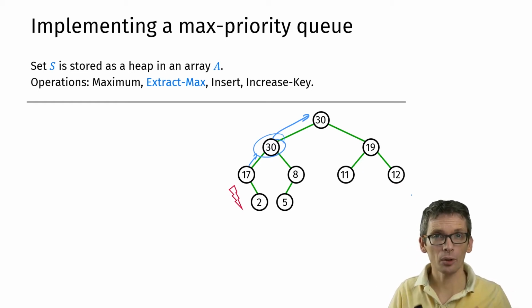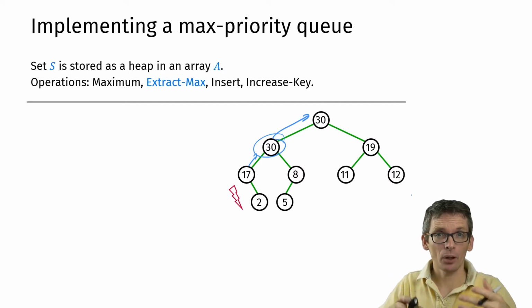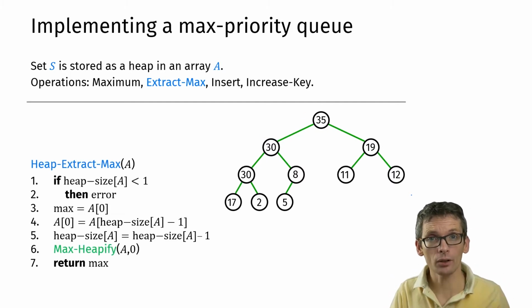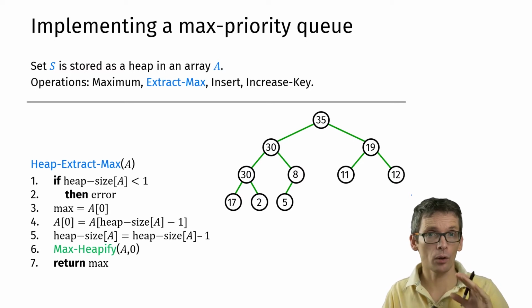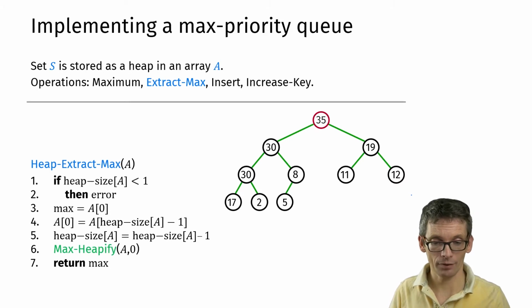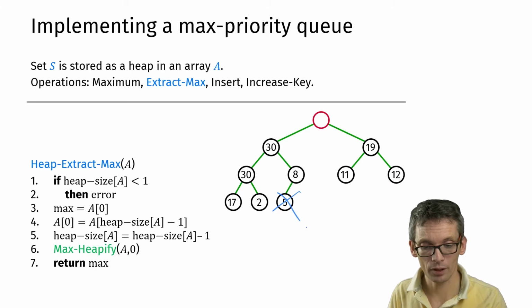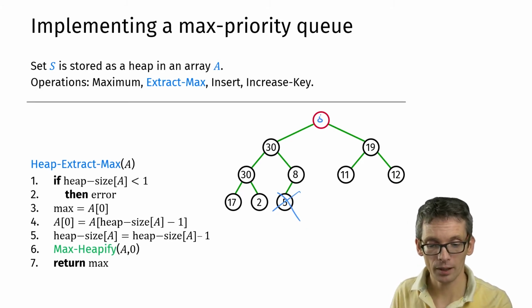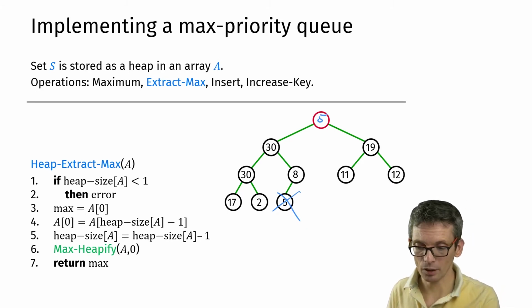So what our algorithm will do instead is that we're first going to make sure that the structure is correct, and then we're going to fix the max heap property. What does that mean? So here we want to take out the 35. Now to get the structure correct, what we are going to do is remove this node, but then we will have to place a 5 here. So that's what's happening here. So first we check whether there's actually an element to extract.